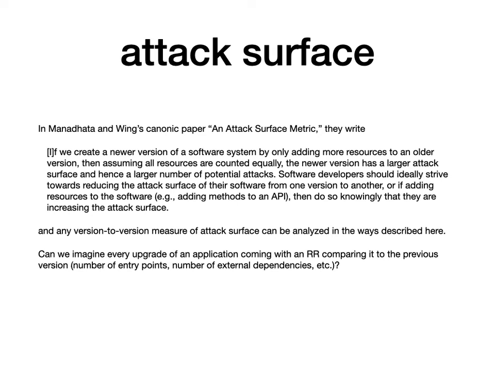Software developers should ideally strive towards reducing the attack surface of their software from one version to another, or if adding resources to the software, such as adding methods to an API, then do so knowingly that they are increasing the attack surface. And again, that's a quote out of the canonic paper.